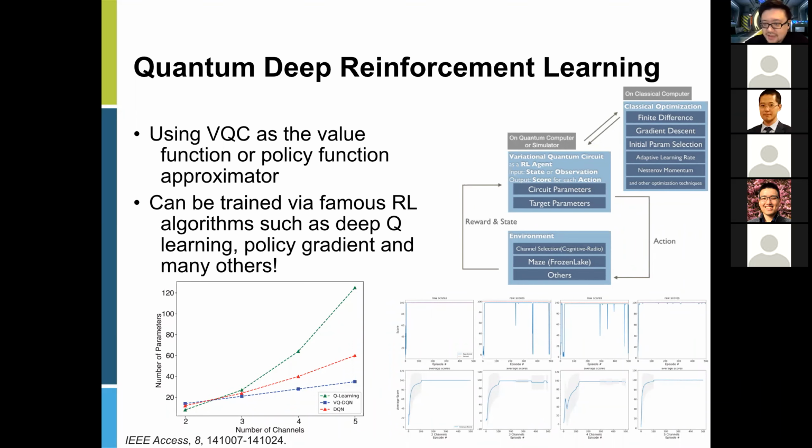Although this is very early stage research, it showed that in certain problems, variational quantum circuit-based models can achieve very good results while the number of parameters is largely reduced. We will have another talk in this tutorial series to explain quantum reinforcement learning in detail.